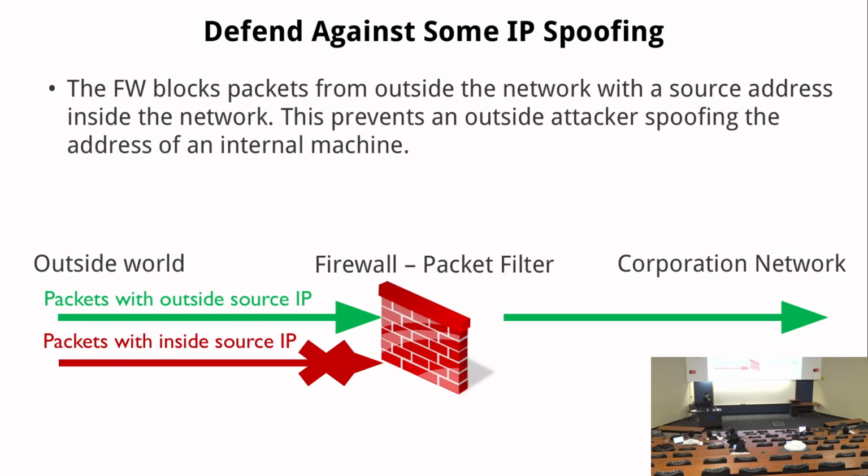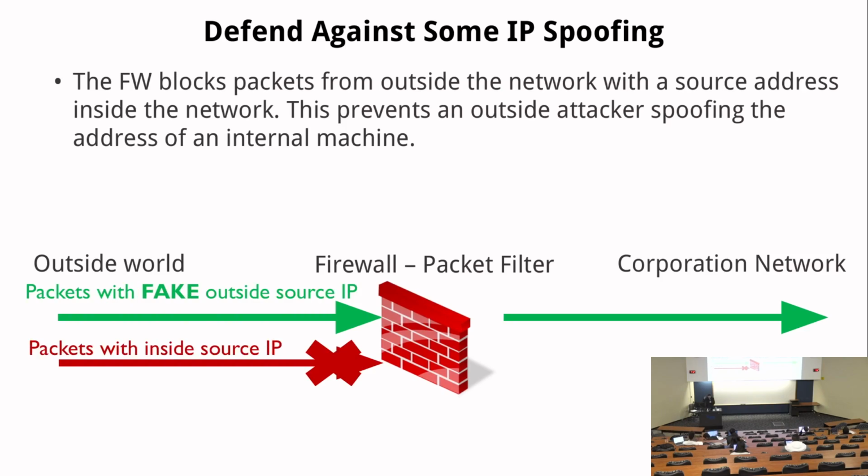It doesn't make sense that the source IP is an internal IP. So we can easily block that. Of course, if the attacker is trying to spoof another outside source IP, then our firewall will not be able to detect that it's a fake IP.